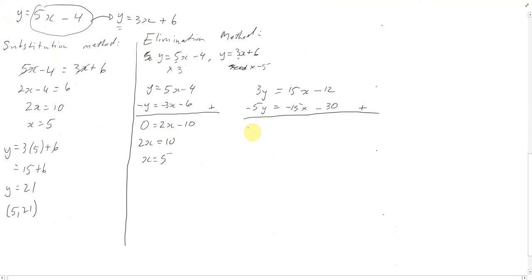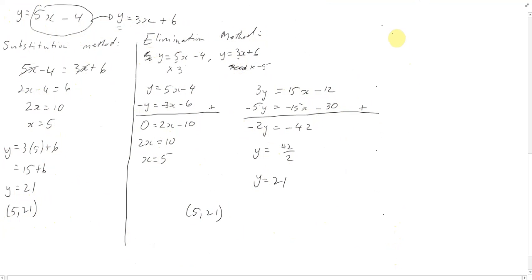We have minus 2y. x's get eliminated, and we have equals minus 42. So now I need to divide by minus 2. So the minuses will cancel out, giving us 42 divided by 2. So y is equal to 21. And our final answer is (5, 21), which is the same as before. No surprises.